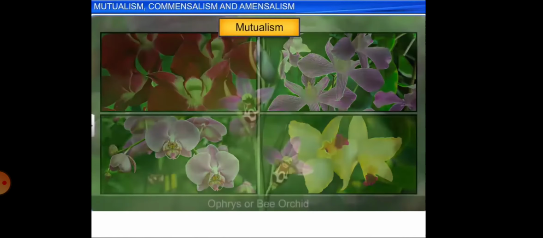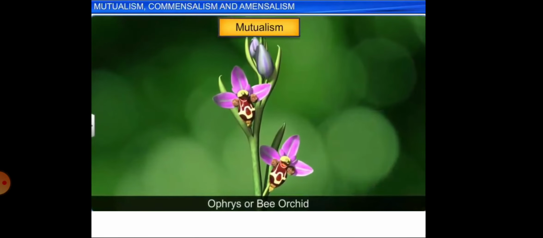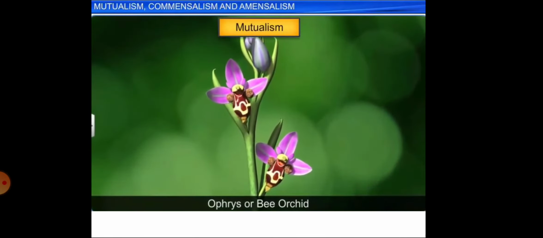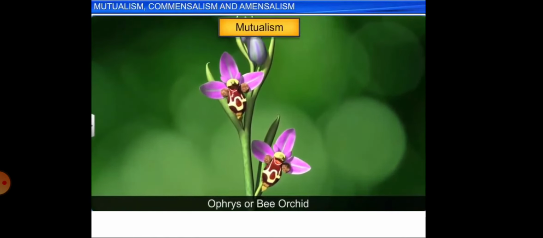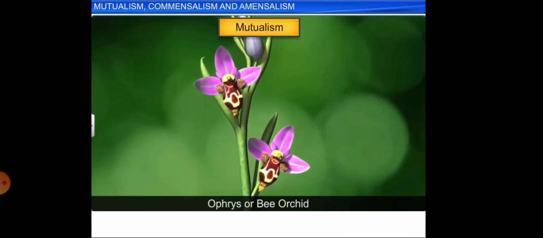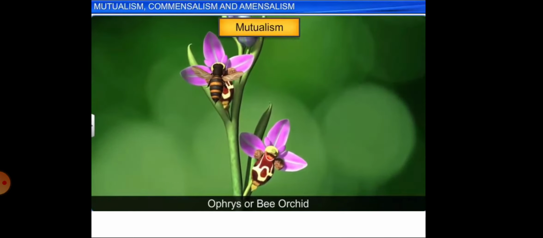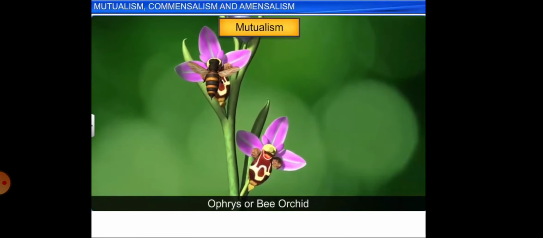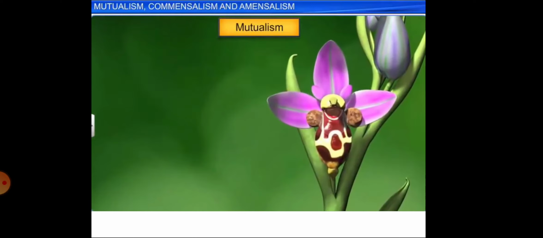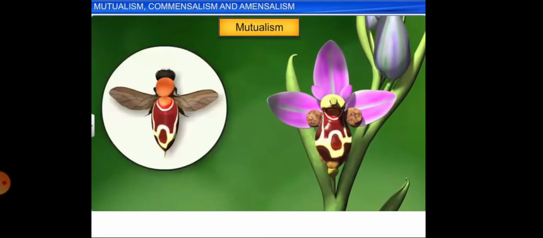A fascinating example is the case of a Mediterranean orchid called Ophrys, which uses sexual deceit to get pollinated by a bee species. One of the petals of this orchid resembles a female bee in size, color, and markings.